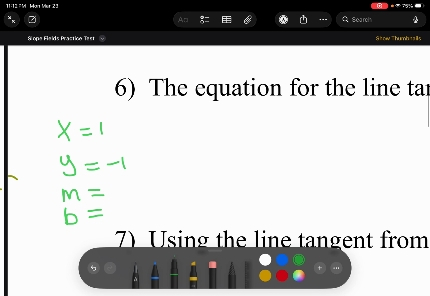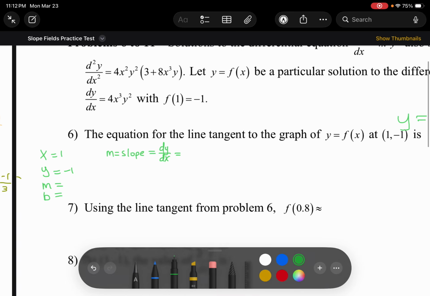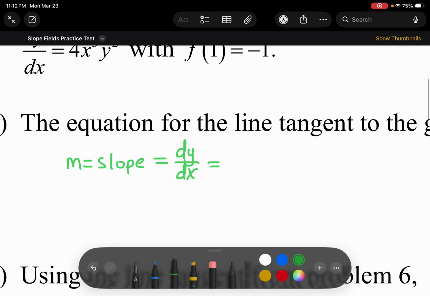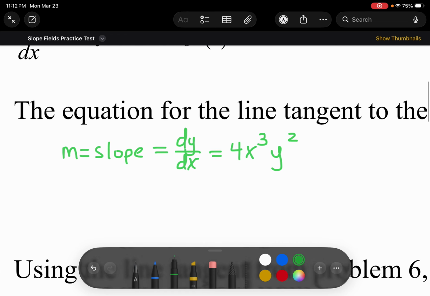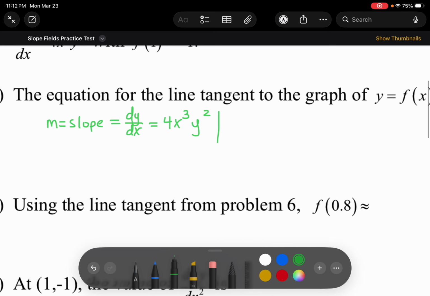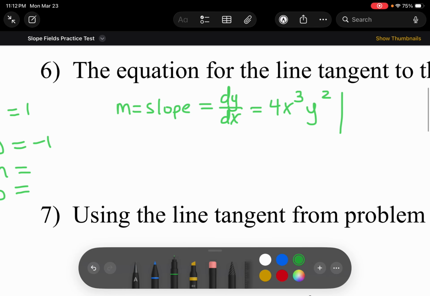M is slope, which is dy/dx, which is this 4x cubed y squared. Now we're going to evaluate that at 1 comma negative 1.